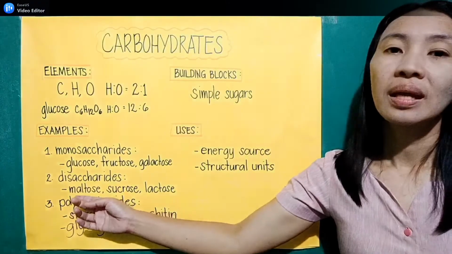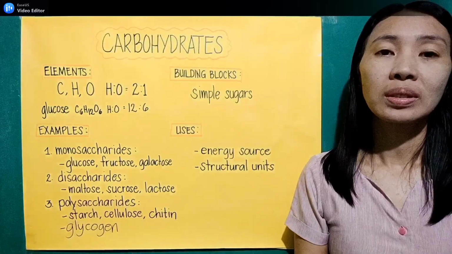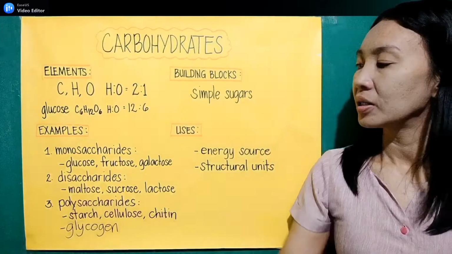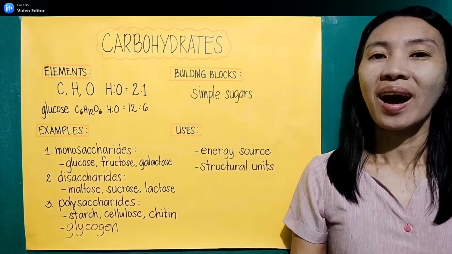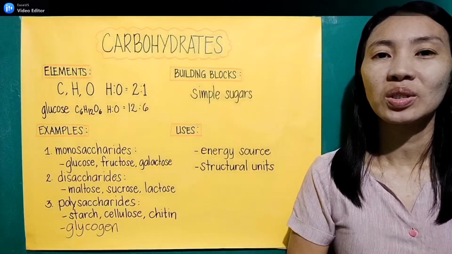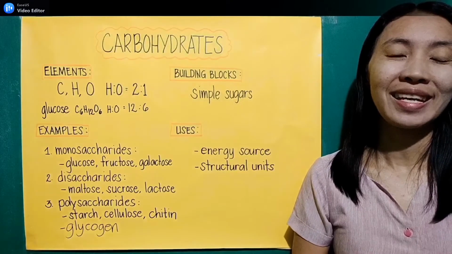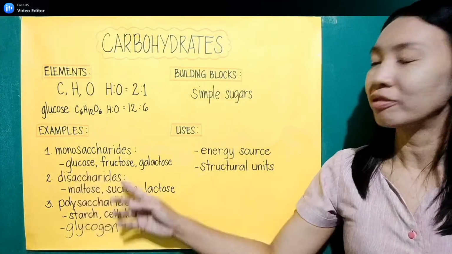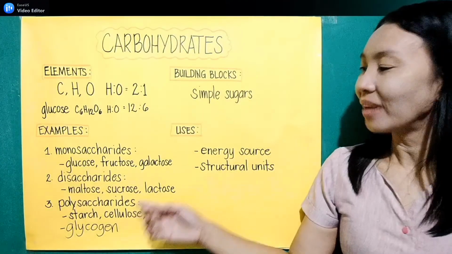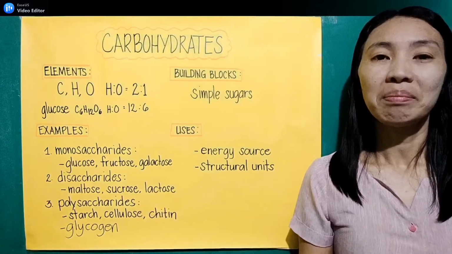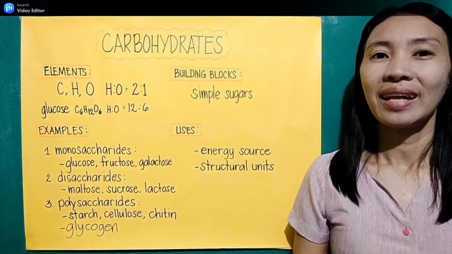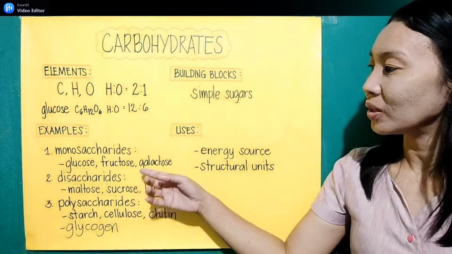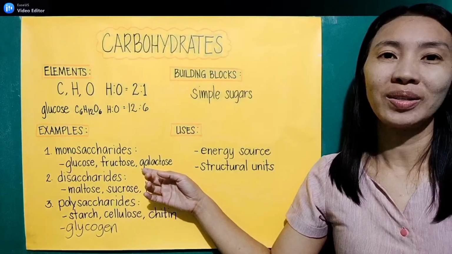Maltose is made up of two glucose molecules. Sucrose is our common table sugar that we use to put in things like coffee and tea. And it's composed of a glucose molecule and fructose. Lactose is only found in milk and dairy products. And lactose is made up of glucose molecule and the galactose molecule.